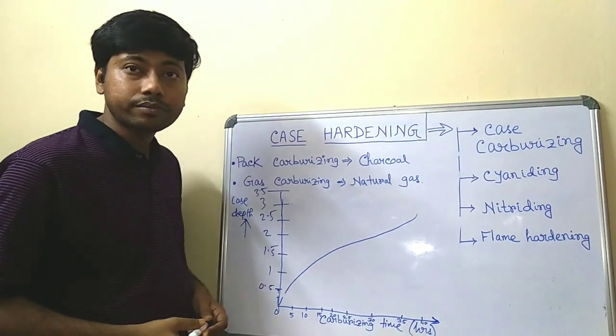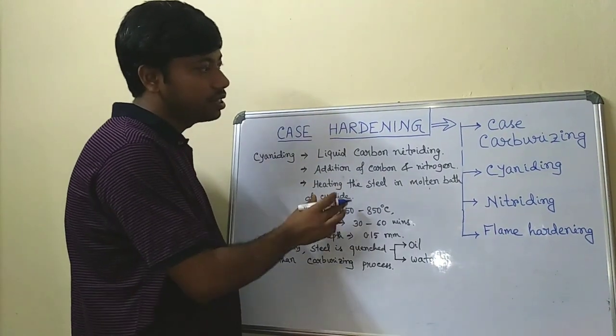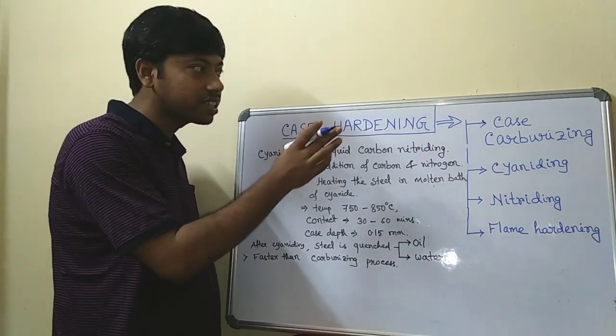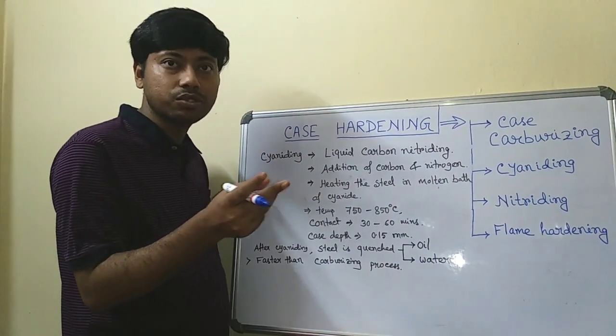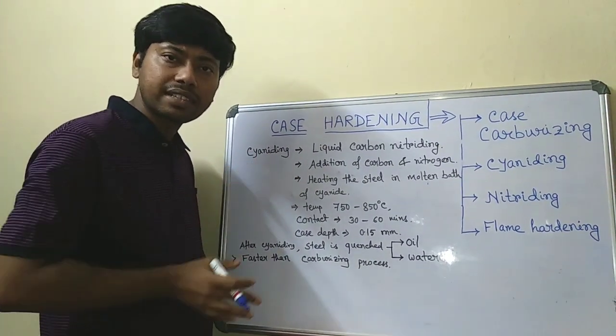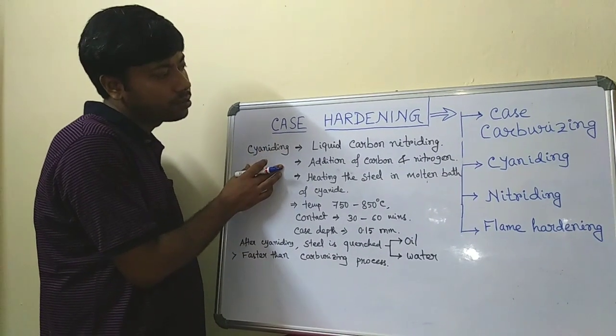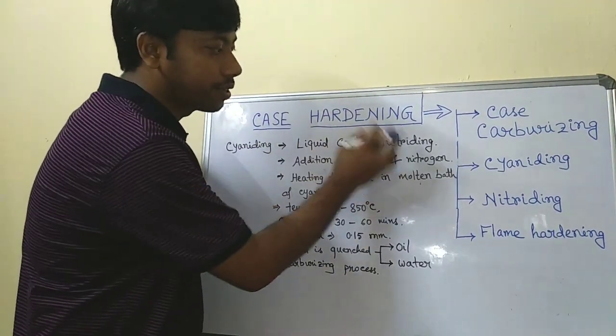Okay. Cyaniding is an important case hardening process. As we discussed, in case carbonizing there are two types, as you know, pack carbonizing as well as gas carbonizing. Now, cyaniding. In case of cyaniding, it is sometimes also called liquid carbon nitriding.